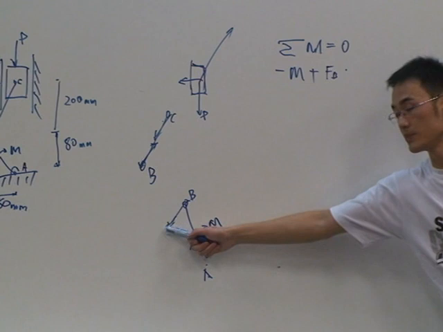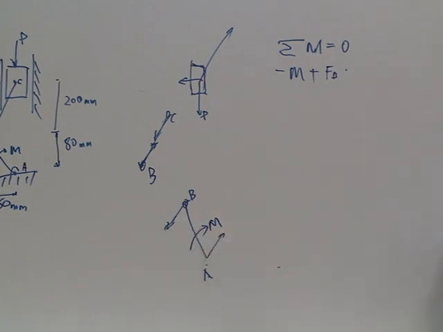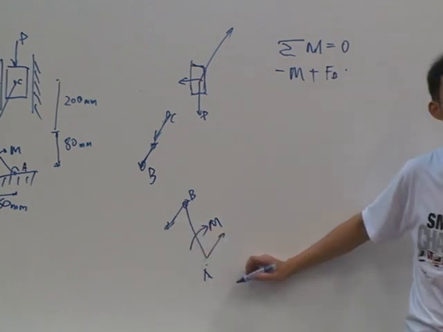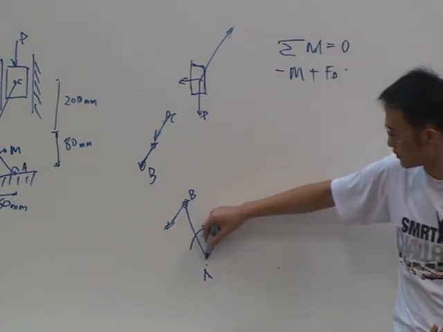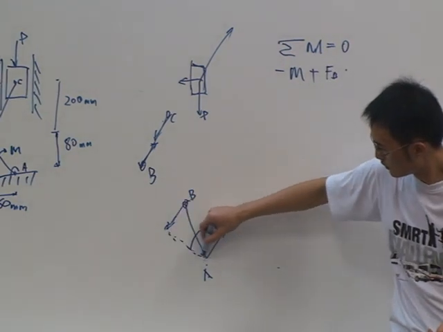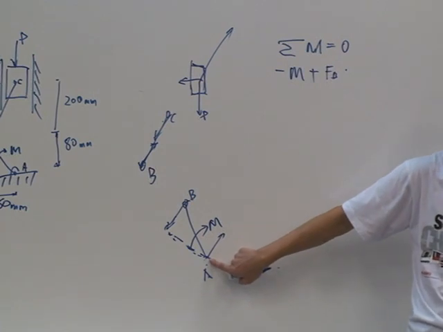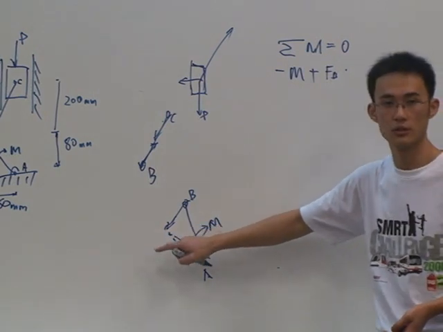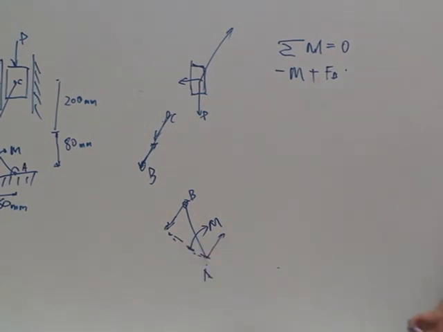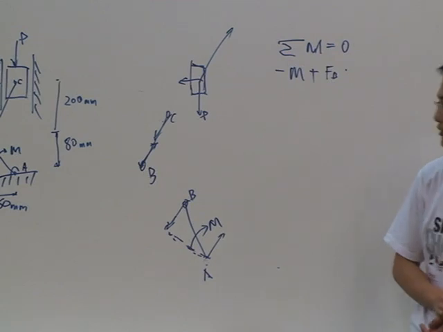What's the force arm of force B? 60. This one, right? From the point of analysis, the distance from the point of analysis to the extension line of the force. So this is the force arm that you are looking at.